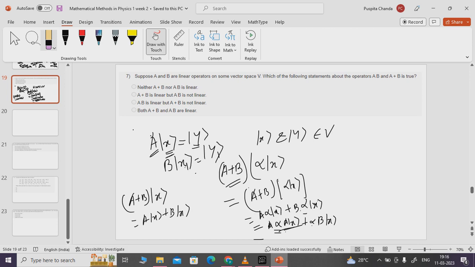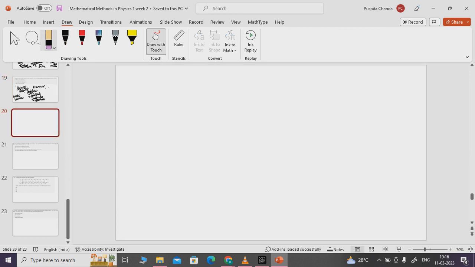And for AB, to check whether AB is linear or not, we can write AB on alpha x plus beta y.